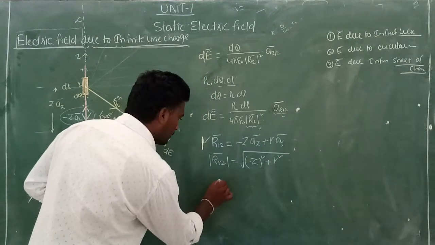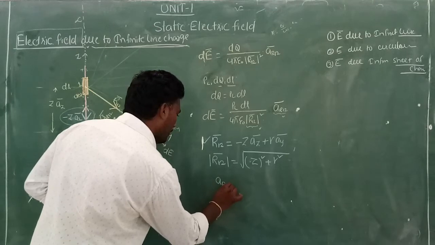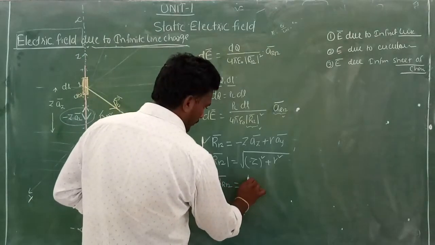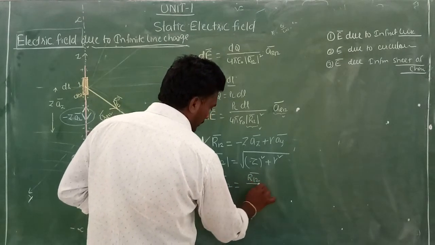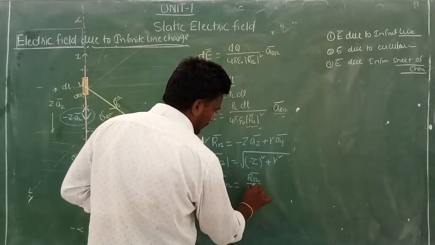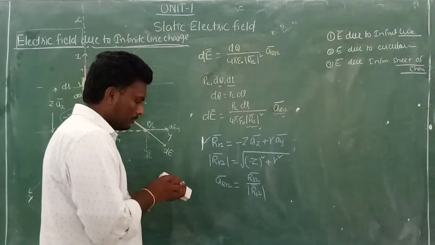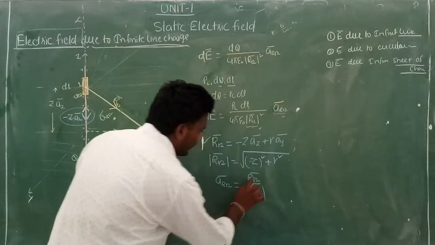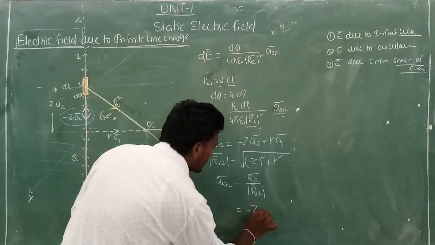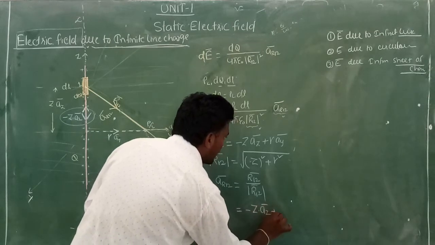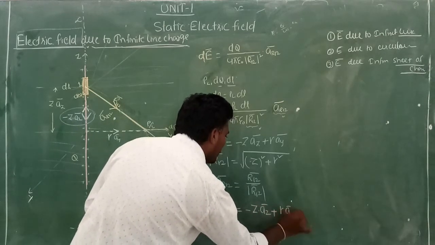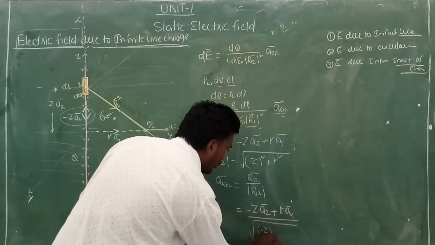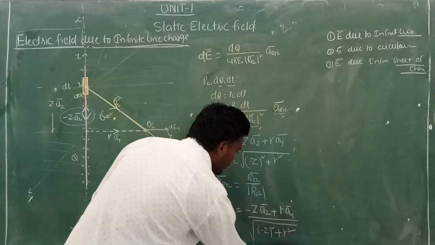Now the direction a r12 bar is the directional vector or unit vector. It is the ratio of r12 bar by magnitude of r12 bar, which equals minus z into az bar plus r into ay bar, by the square root of minus z whole square plus r square.